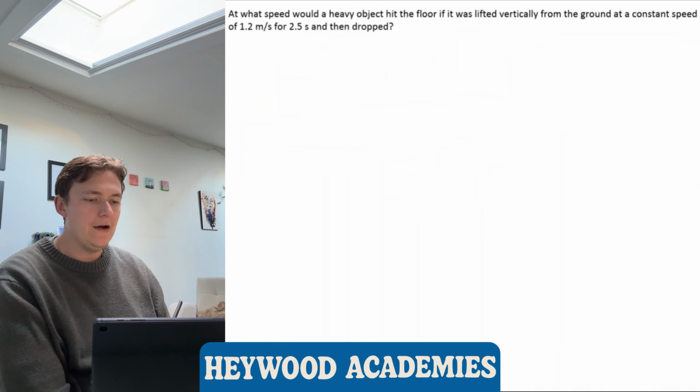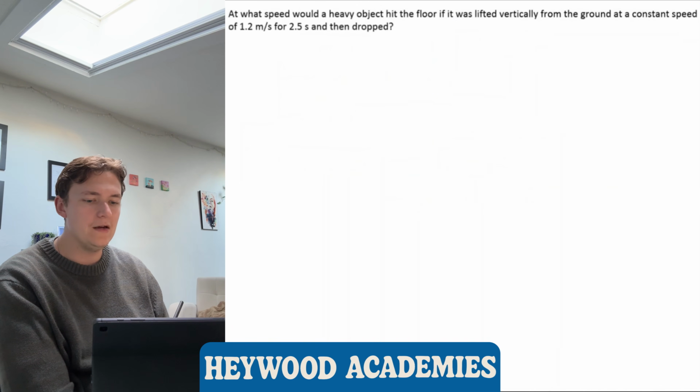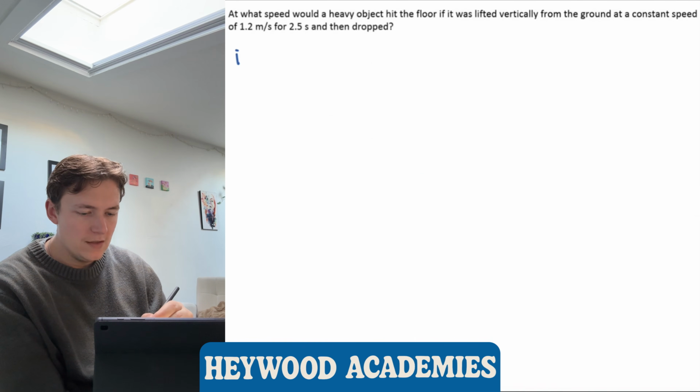What speed would a heavy object hit the floor if it was lifted vertically from the ground at a constant speed of 1.2 meters per second for 2.5 seconds and then dropped? Okay, so lifted from the ground at a constant speed, and then what speed would it hit the floor? Okay, I see. So we have to break this into two parts. So part number one is we're going from the floor up to some height.